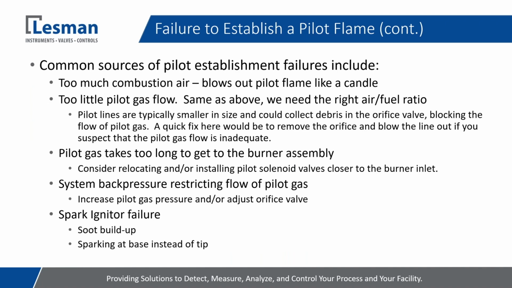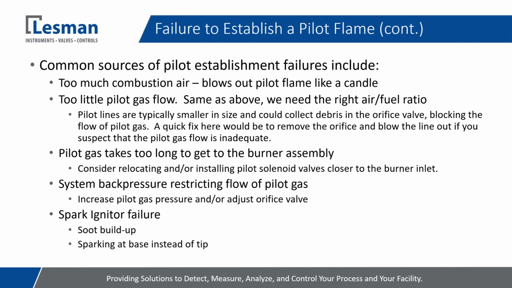All right, so these are some of the common sources that I see of failures to establish a pilot flame, so to physically light the flame. Again, when we look at the combustion triangle and the ratio of air to fuel, we need to make sure that we don't have too much combustion air going into the area where that pilot is occurring.